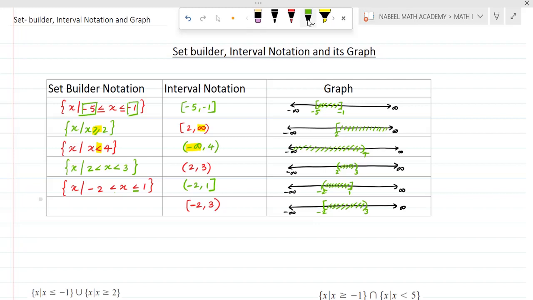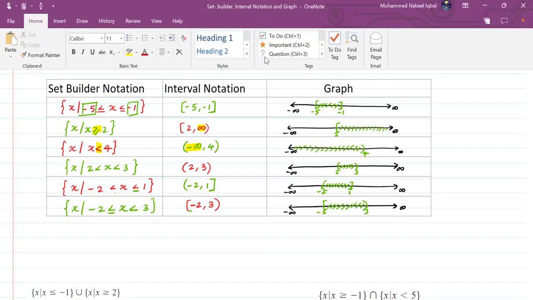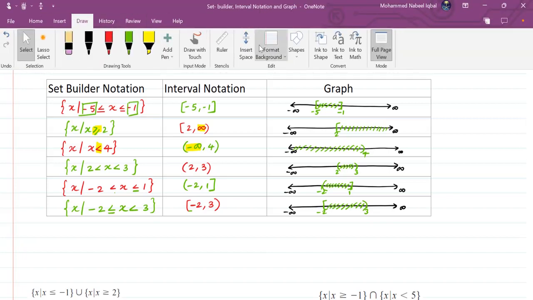How will you write the set builder for this one? x such that minus 2 less than or equal to x less than 3. Minus 2 is closed, therefore you have equal here, and 3 is open, therefore there is no equal. If you understand this, you can solve any problem of set builder notation.